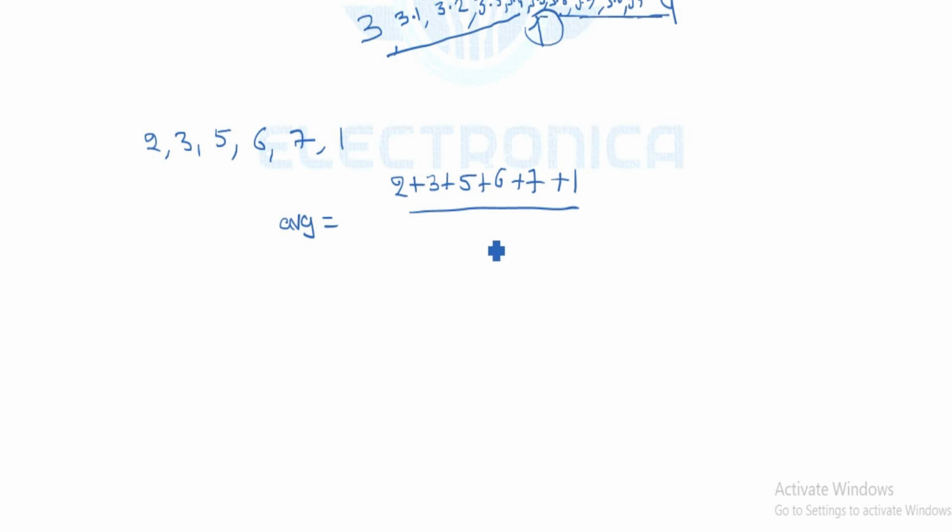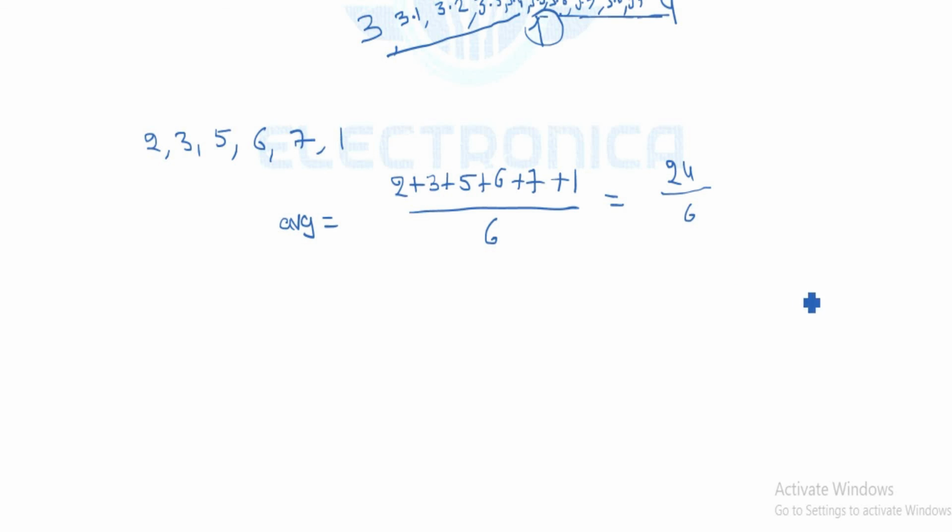Therefore, there are 6 quantities given in this question. Add the numerator. What is the sum of the numerator? 2 plus 3, 5. 5 plus 5, 10. 10 plus 6, 16. 16 plus 1, 17. 17 plus 7, 24. Therefore, 24 divided by 6.